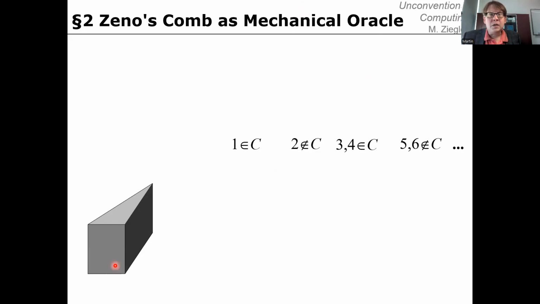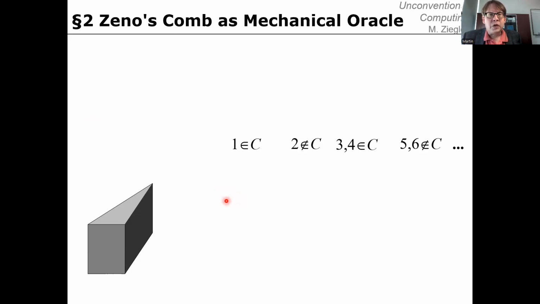We took an infinite decision problem over natural numbers, and we encoded it. One way of encoding it is as a Zeno's comb, a comb with infinitely many tines, infinitely many teeth. Some teeth are absent, some are present.